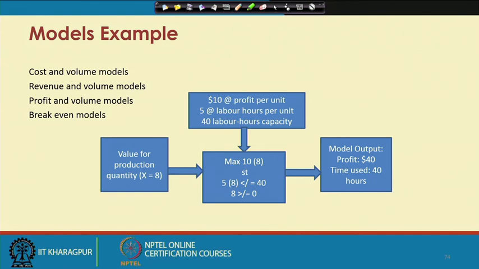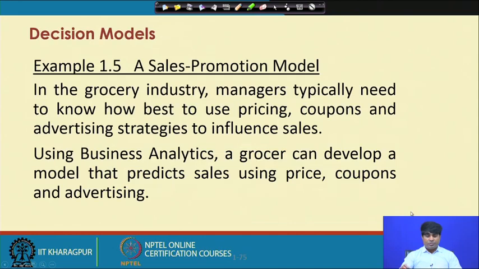That means if you are fixing 5 into 8, and that is the maximum use of the availability of 40 labors, then the business will produce $40 profit. So, this is the simple understanding so far as management decisions and decision models are concerned.